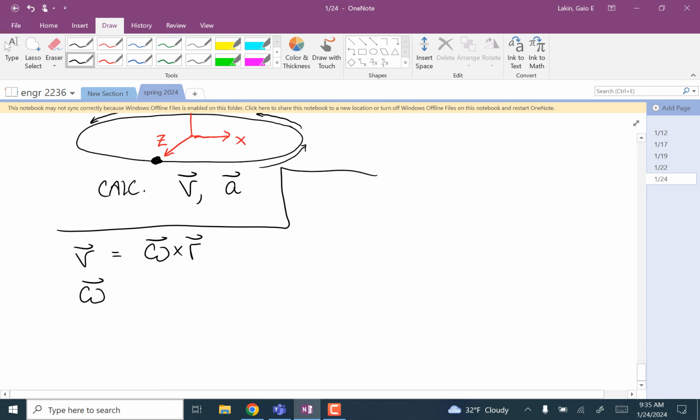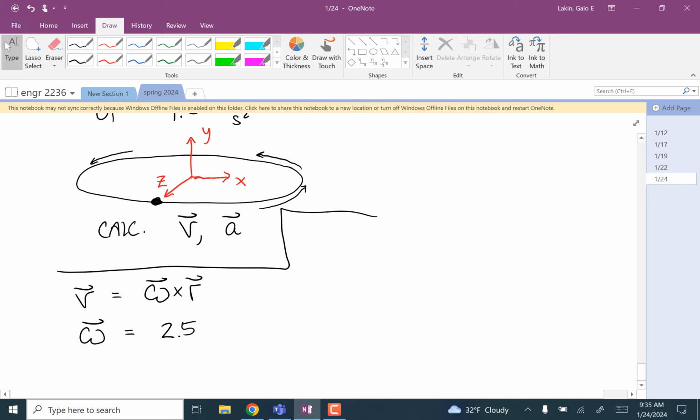So the angular velocity is 2.5 times a unit vector in the right-hand rule direction. What does the right-hand rule say the direction of this is? Yeah, positive y. Anybody have any questions about that? And so this is 0, 2.5, 0.